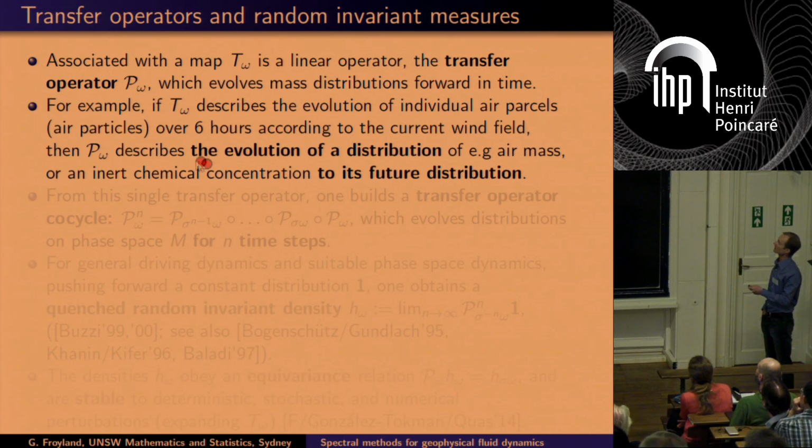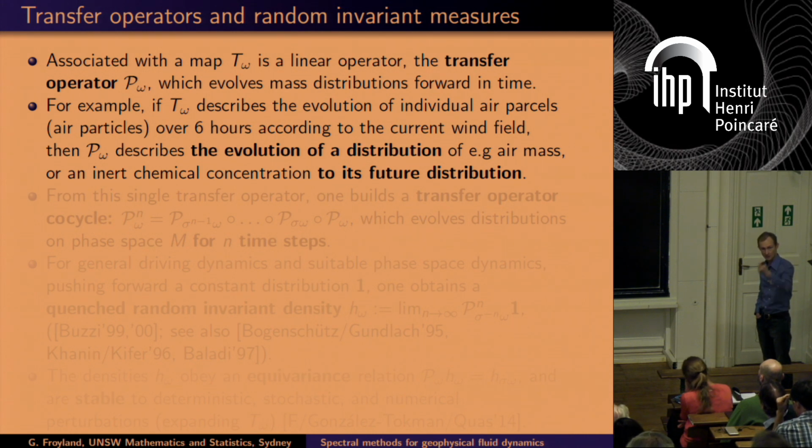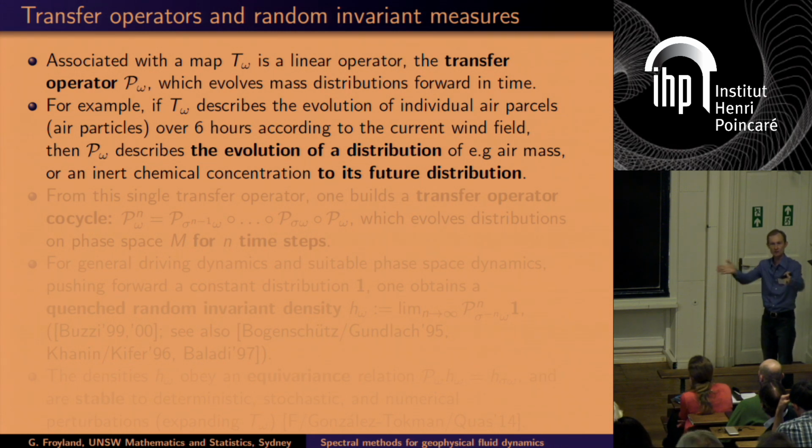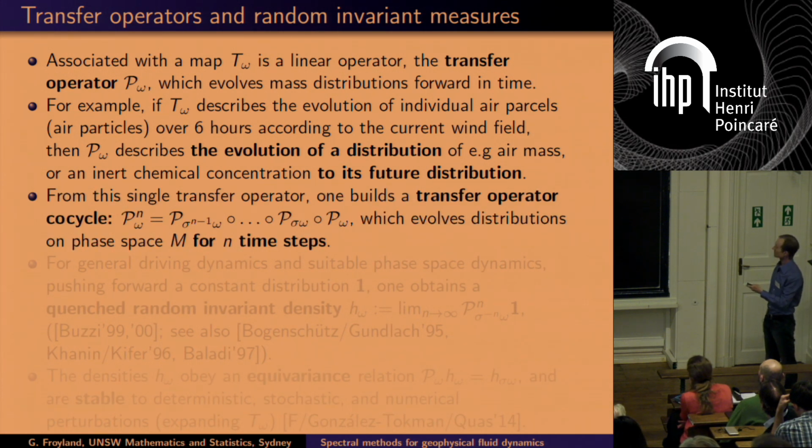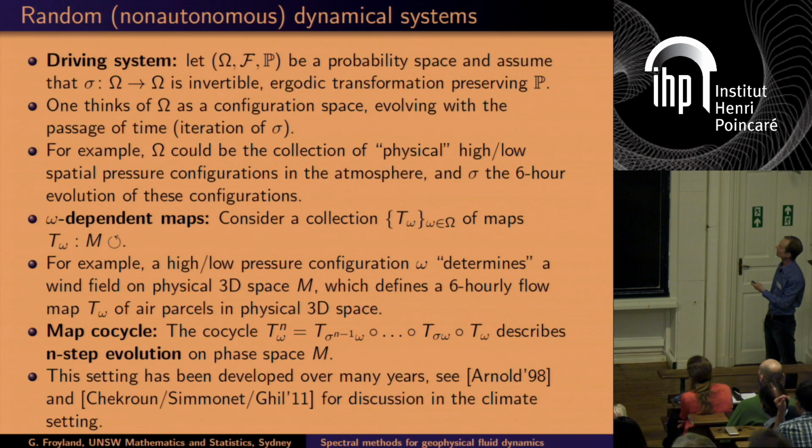So for example, going back to the atmosphere, if T omega is describing how an individual air parcel moves in phase space 6 hours forward, then P omega would describe, let's say you're considering not a single air parcel, but some larger region in your phase space, and you have some concentration of some inert chemical or mass of some quantity, and you want to push that entire concentration forward, then this is what this operator P omega does.